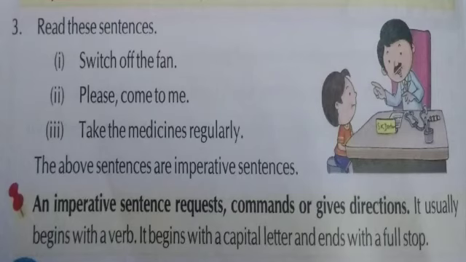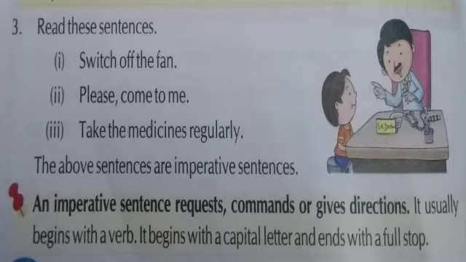Read these sentences, children. Switch off the fan. Please come to me. Take the medicines regularly. What kinds of sentences are these? The above sentences are imperative sentences. An imperative sentence requests, commands, or gives directions. It usually begins with a verb.